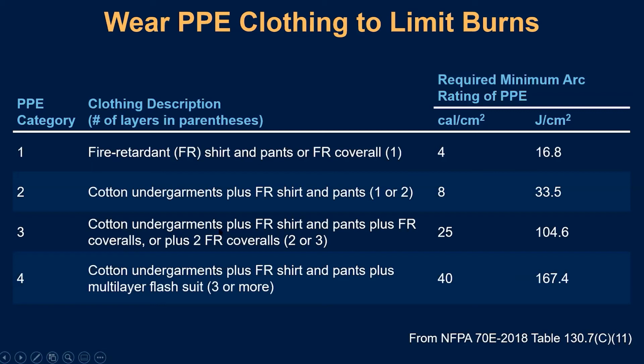You start wearing the FR shirt plus an FR coverall, which in the industry you may have heard of as the bunny suit. And then in category 4, you also have to wear an extra layer with a multi-layer flash suit, which in the industry you commonly know as a moon suit. So you can see that having a higher risk category or higher incident energy means you'll have to equip yourself with that amount of safety clothing.